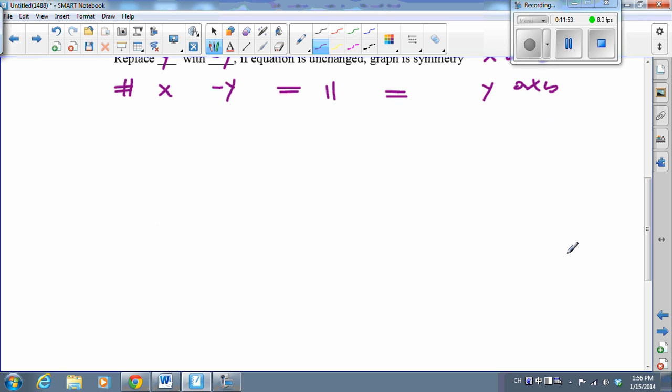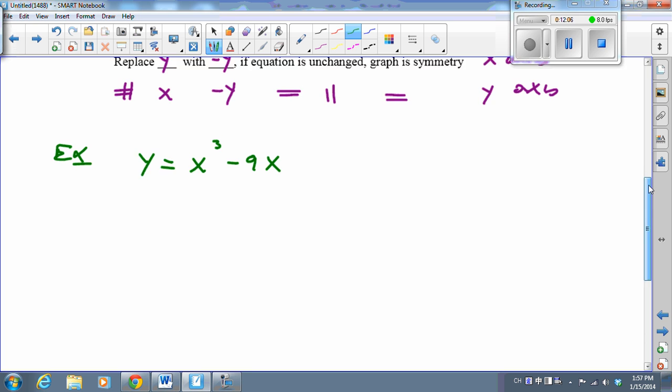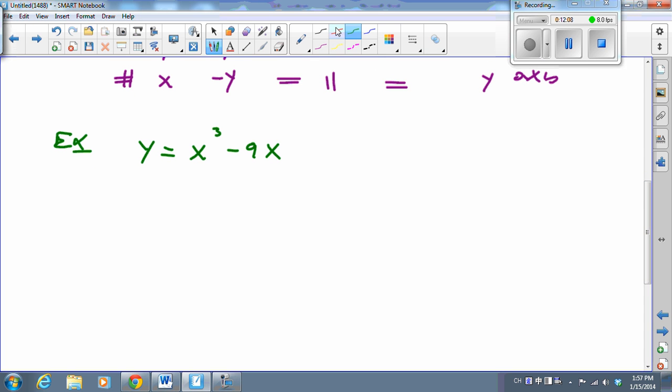Here's my equation: y = x³ - 9x. Let's start by checking for symmetry with respect to the x-axis. I will replace y by -y.